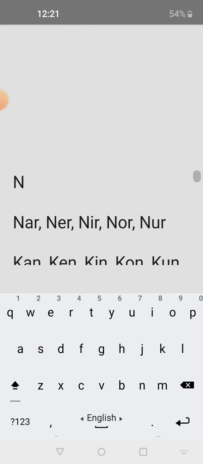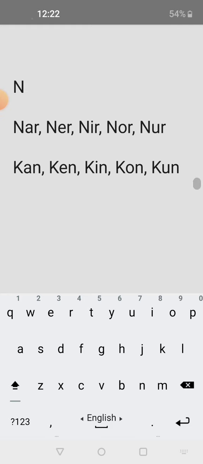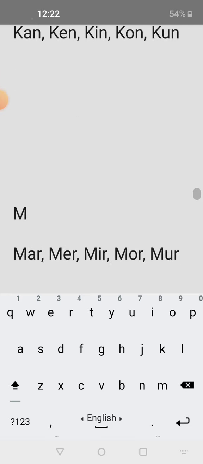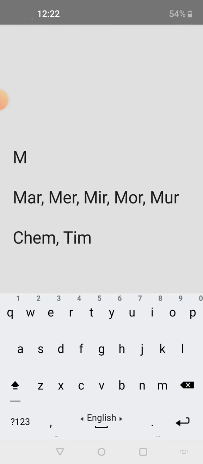All right. Now for N. Nar, ner, near, nor, nur. Con, ken, keen, cone, coon. Since N and M are the same as in most languages you are probably aware of, I have little to say except that N is way more common than M. They're near each other in the order, partially because they're very similar sounds.